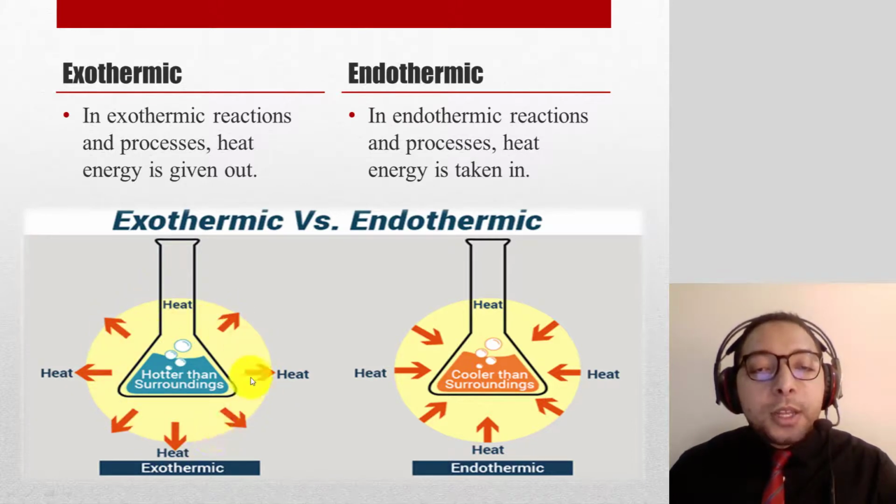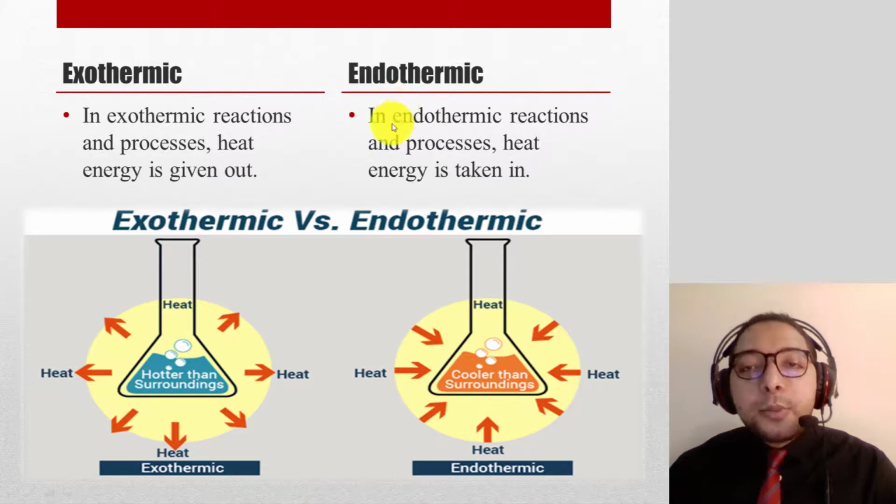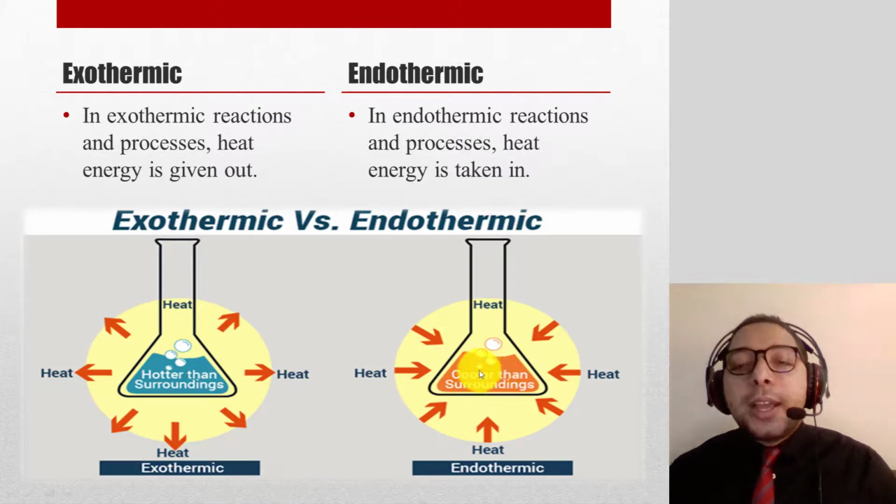It can be a process and it can be a reaction. On the other hand, in an endothermic reaction and process, heat energy is taken in. So the reactants are taking in energy, and that's how you can differentiate between exothermic and endothermic. Here energy is taken in, the surface is feeling cooler. Here energy is given out from the reactants, so the surface is feeling hotter.